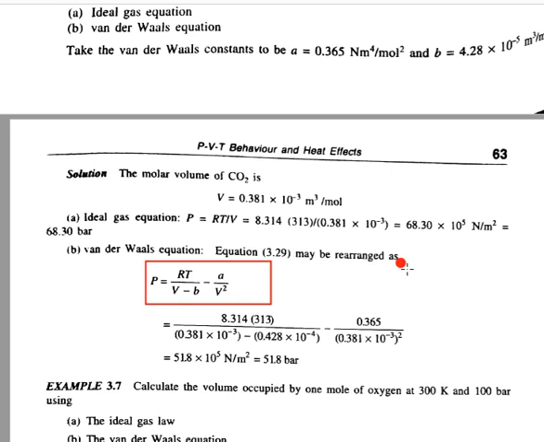So 0.428 into 10 raised to minus 4. Simplify this equation and we get the answer, that is 51.8 into 10 raised to 5 Newton per meter square. Converting into bar, that is 51.8 bar.